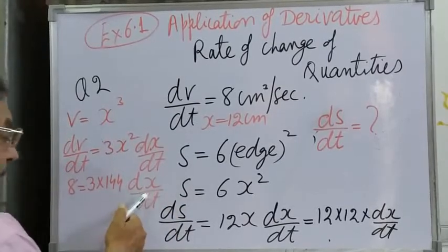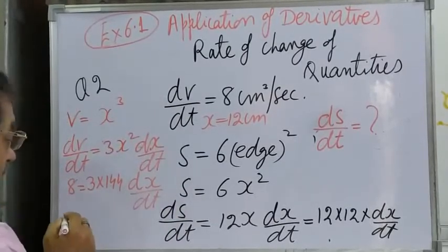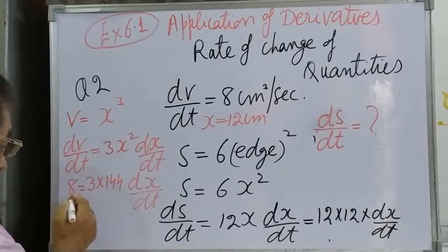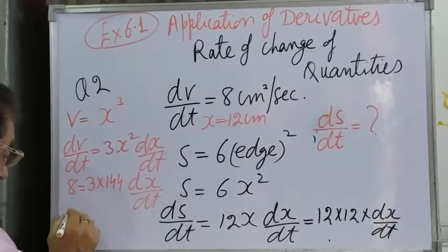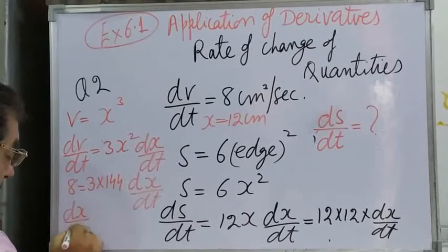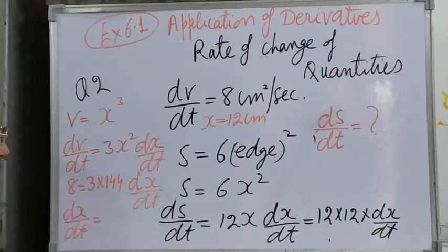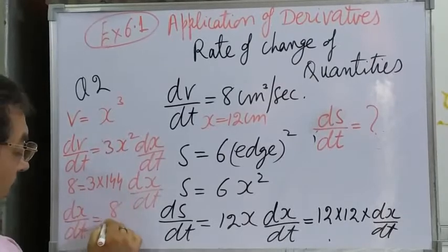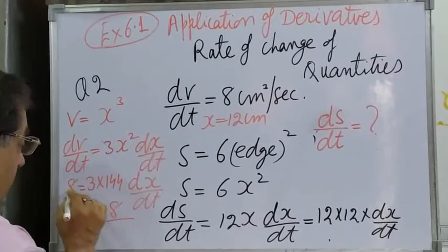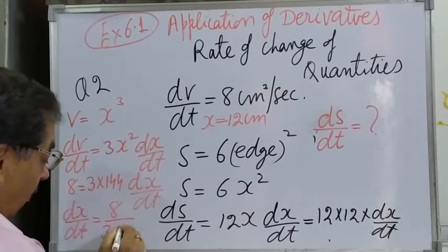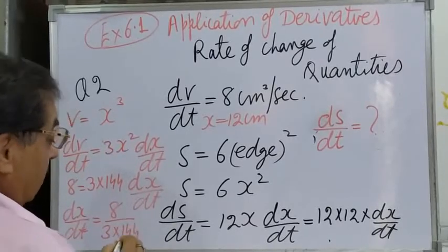Now what is the value of dx by dt? Dx by dt would be equal to 8 upon 3 into 144.